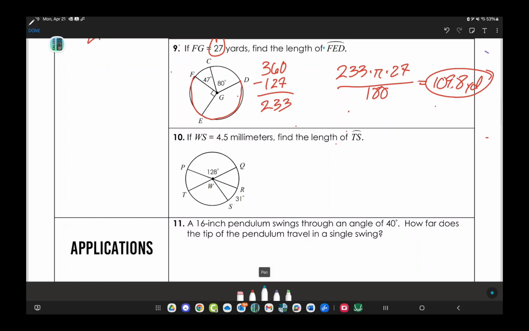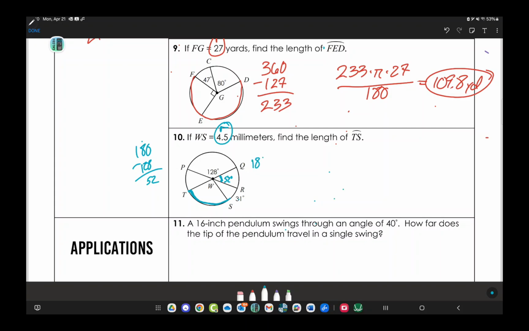All right. WS is the radius, so we're good there. Find the length of TS. Now we need this angle here first, and that's 180 minus 128, which is 52. 52 and 31 add together is 83.